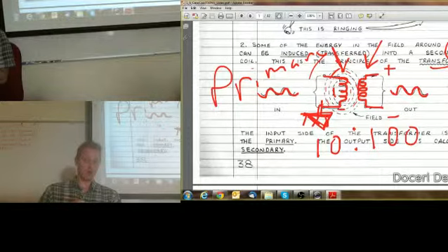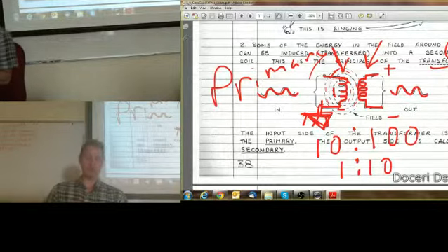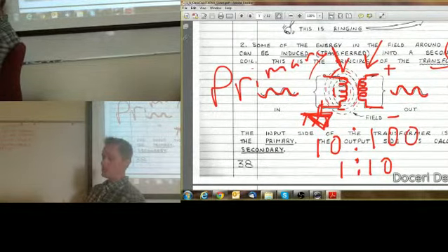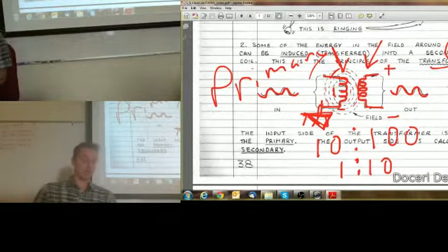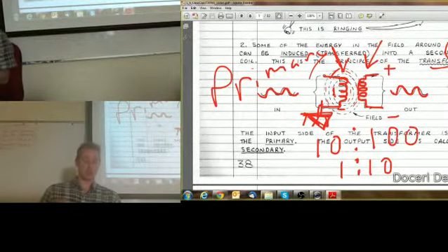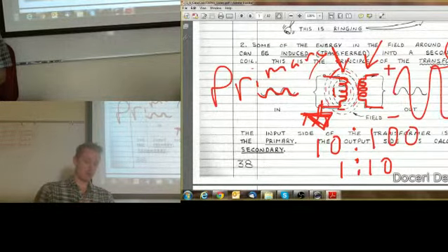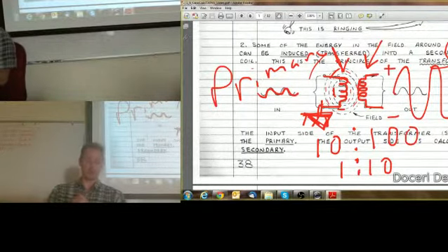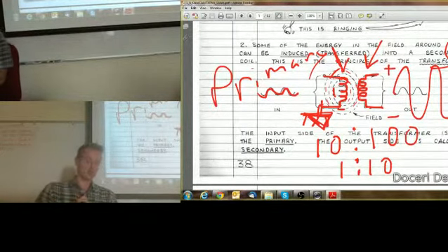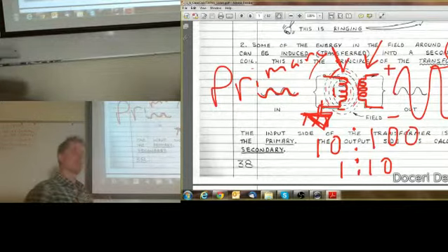We call that a 10 to 1 ratio, because there's 10 times more on the secondary side than there is on the primary. And what happens is you get a 10x increase in voltage. So we would say that this sine wave on the secondary side would be 10 times the amplitude of the one on the primary side. So we can use it for voltage amplification.